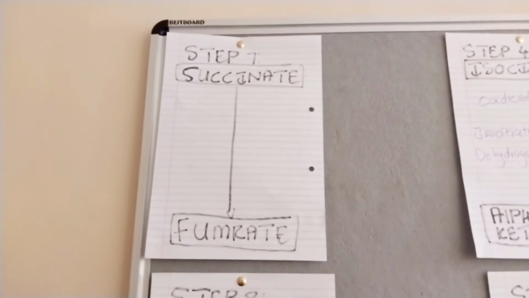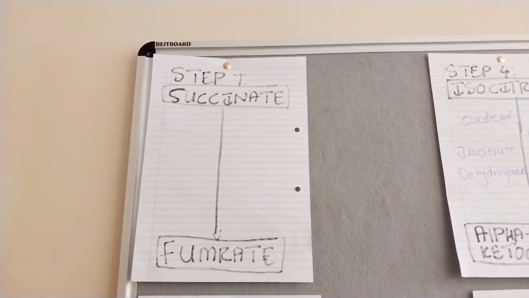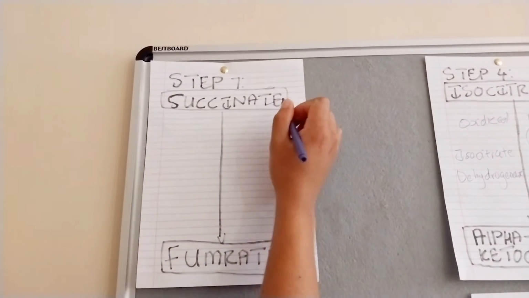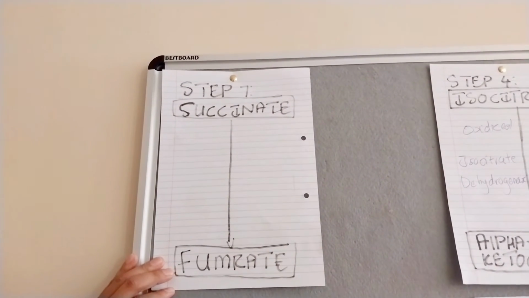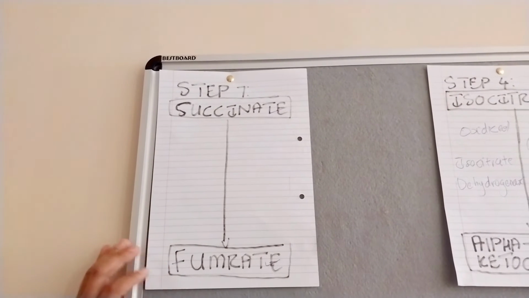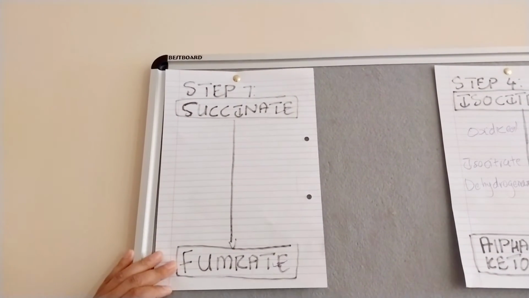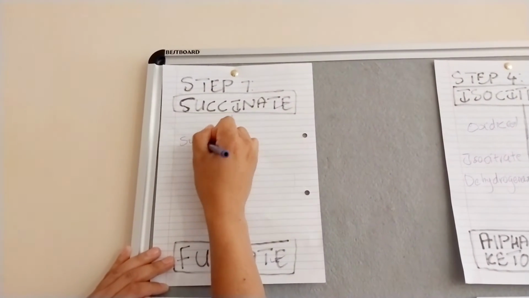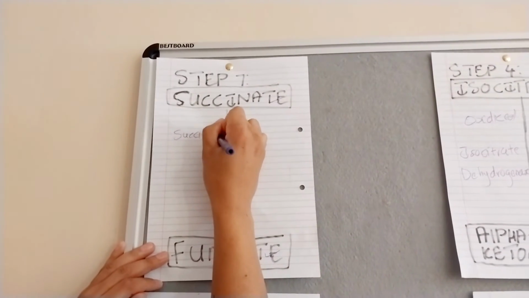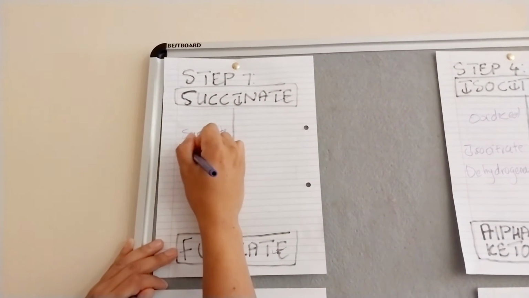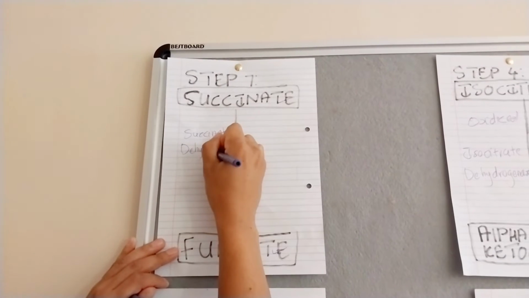Moving to the seventh step of the Krebs cycle. This is where succinate is converted into fumarate, and this all occurs under an enzyme called succinate dehydrogenase.